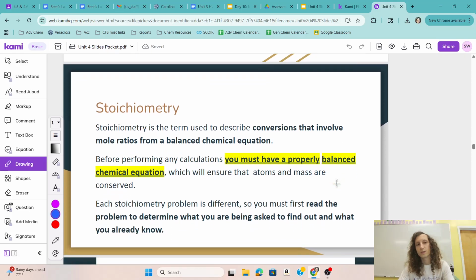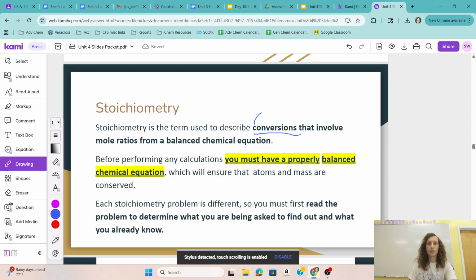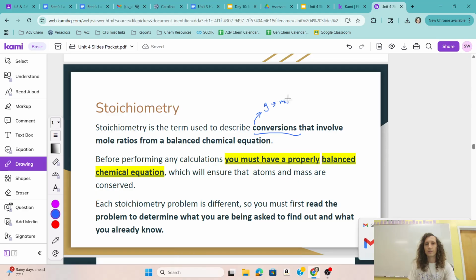Generally, when we talk about stoichiometry, we're talking about mole conversions, but we also need to know how to balance a chemical equation. We also need to know the conversions that go along with moles. Other conversions are like grams to moles. We might need to do that first.